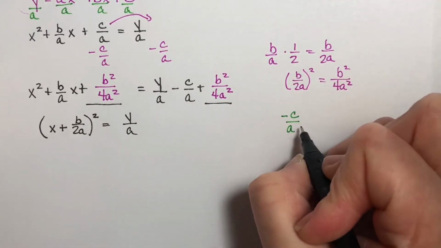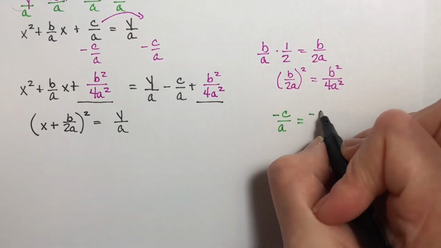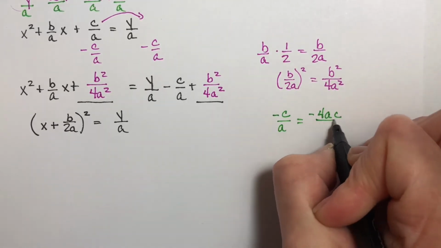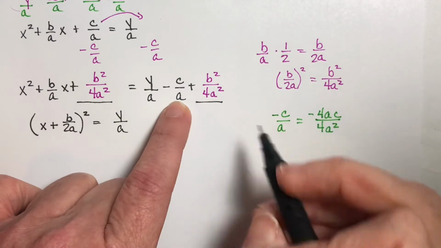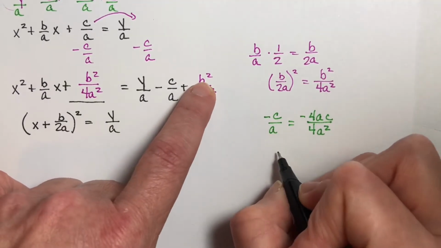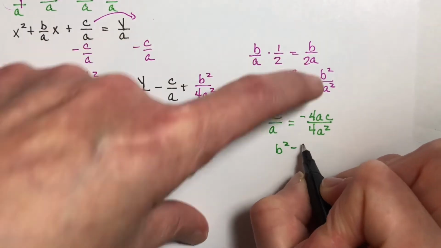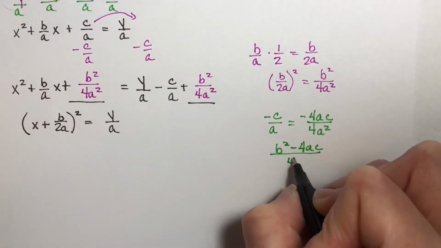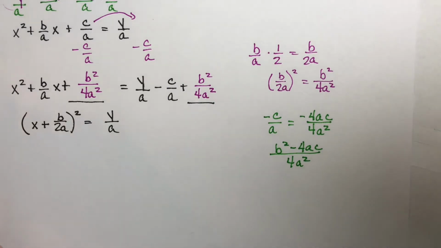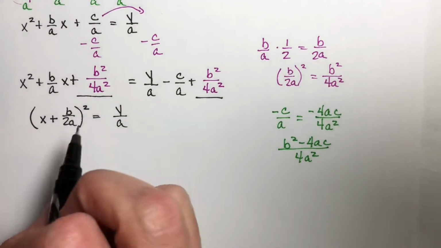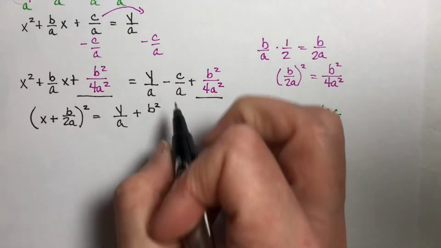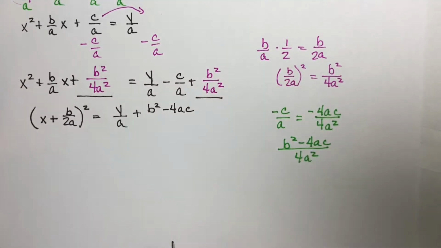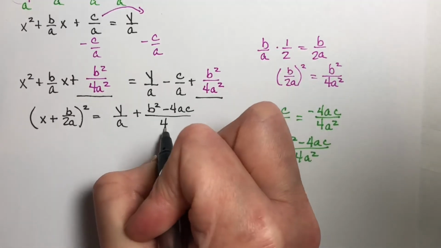Negative c/a is the same thing as negative 4ac/4a². So what I have right here is (b² − 4ac)/4a². Again, that should feel very similar to what we were dealing with when we developed the quadratic formula. So this is plus (b² − 4ac)/4a².